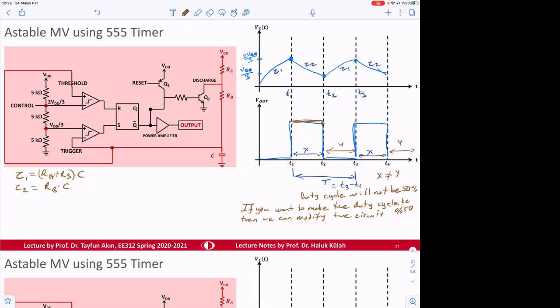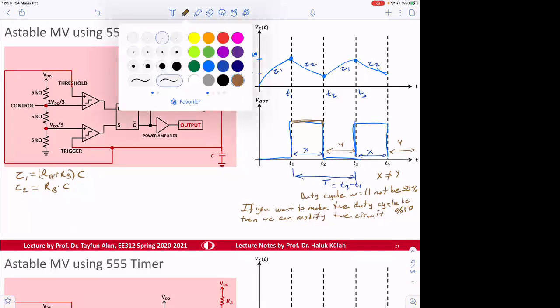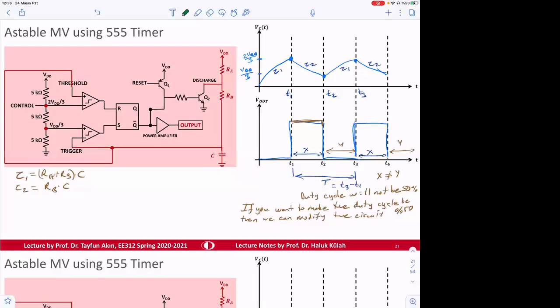This may be confusing at this stage, but we can do the charging through another resistor.